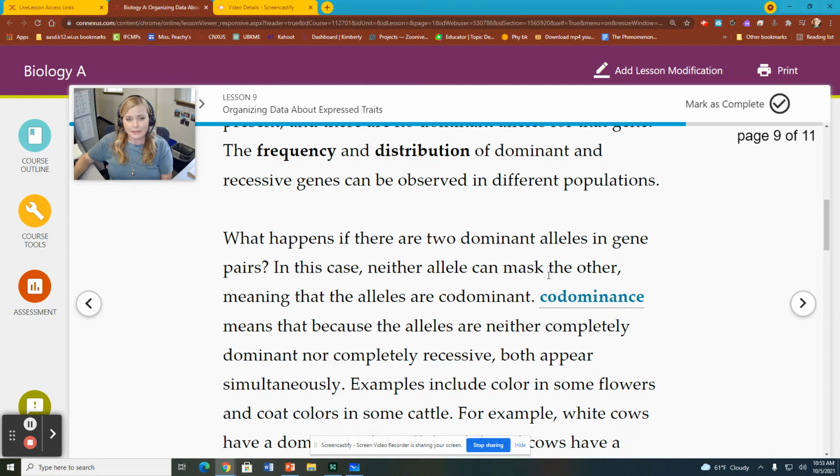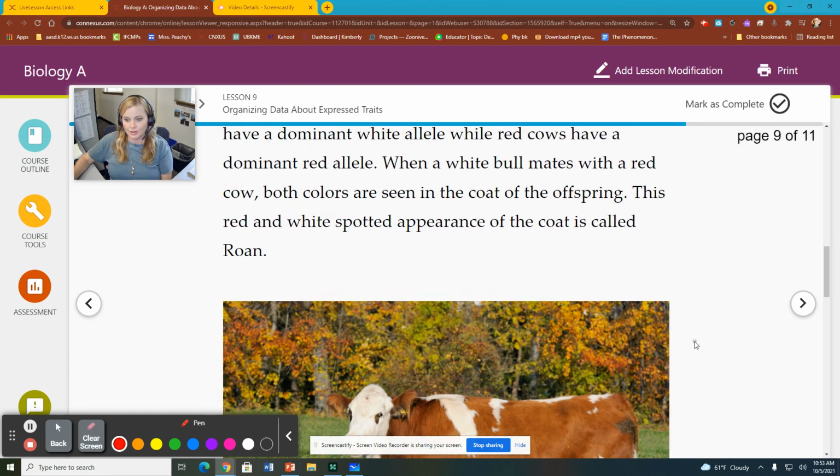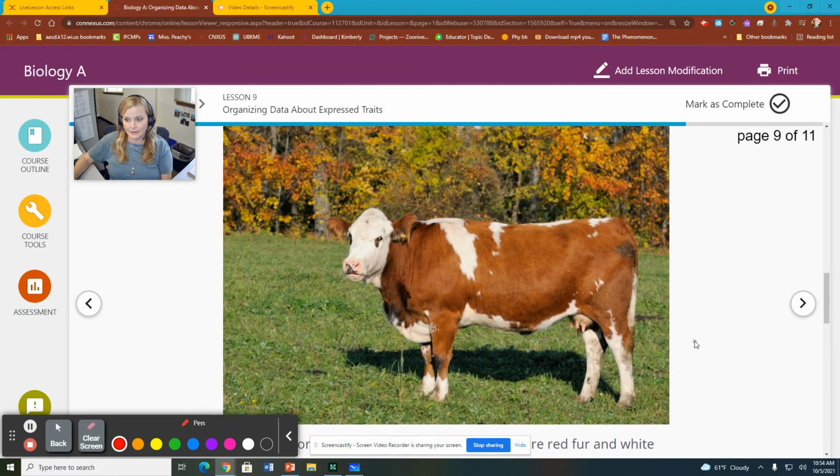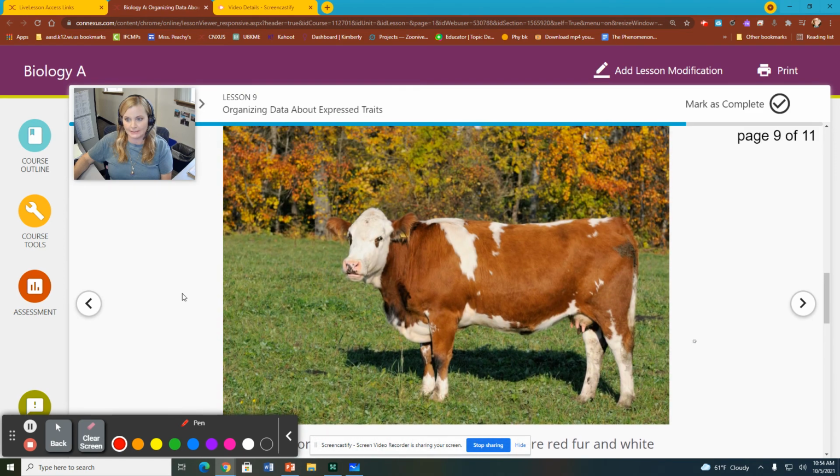So normally when we see some organism with regular dominance that has a heterozygous genotype, like we saw earlier with big R or little r, normally what that would result in is just a red flower, right? In codominance, when you have two of the same, so here we have red fur and white fur are equally dominant.